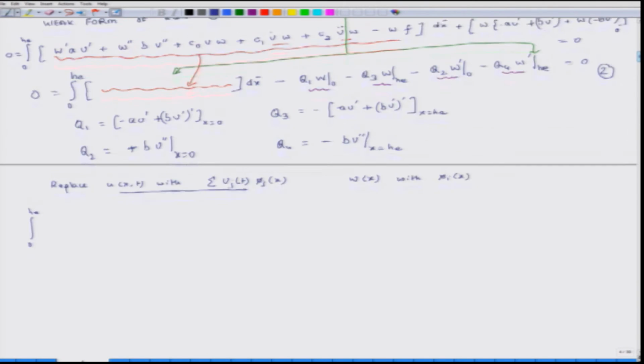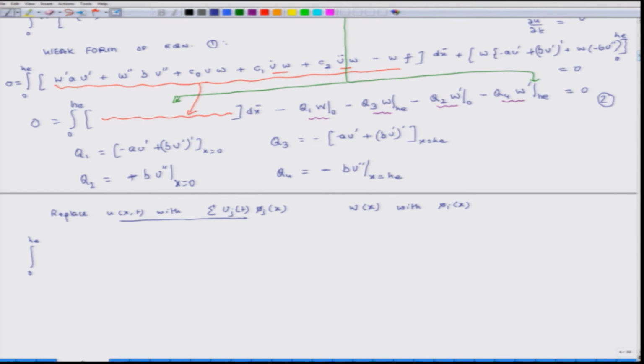For purposes of reference, we are looking at this equation which has a lot of terms underlined in red. So, w prime is nothing but phi I prime times A times u prime.